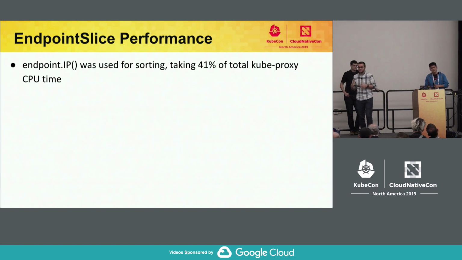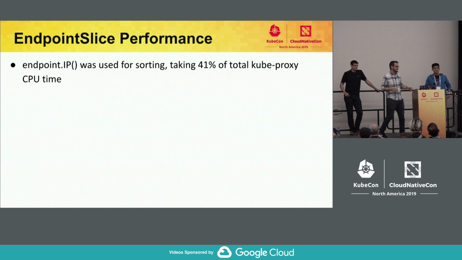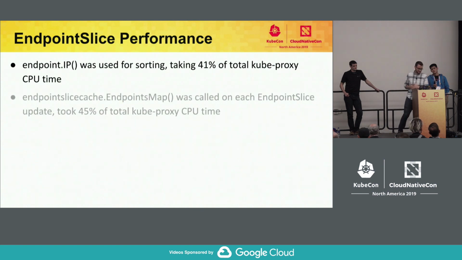That was very slow, and I was using it for sorting. 41% of total CPU time was spent calling this single function. Not great. So I changed that just to use the string that already existed, and this went away.